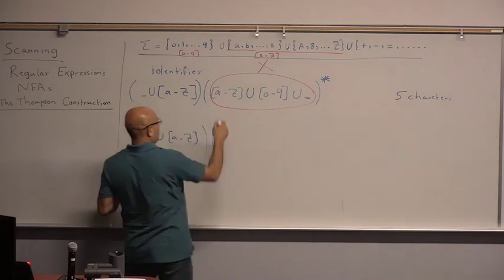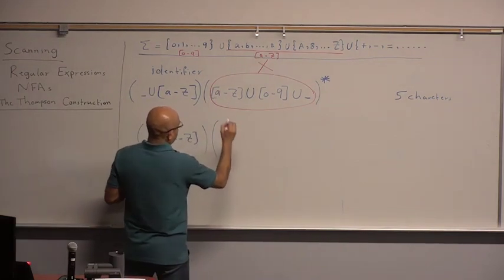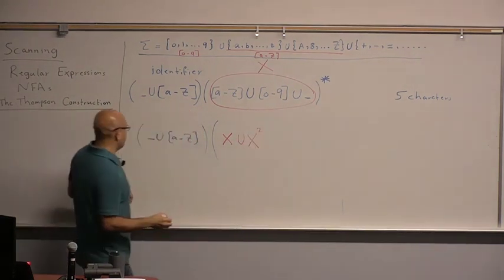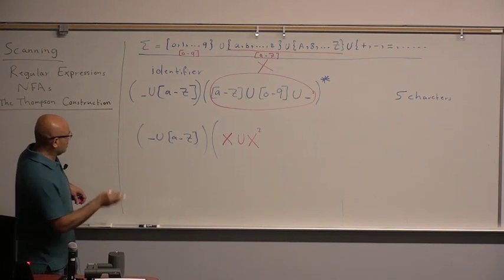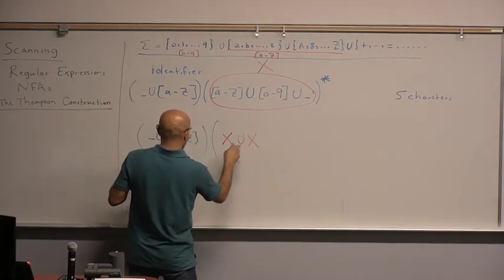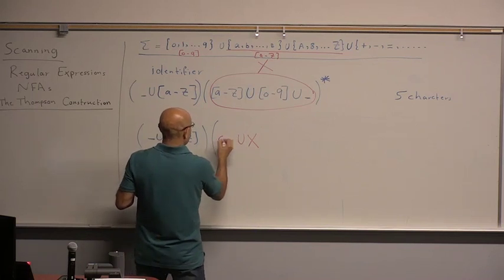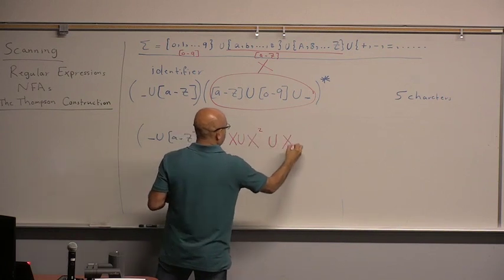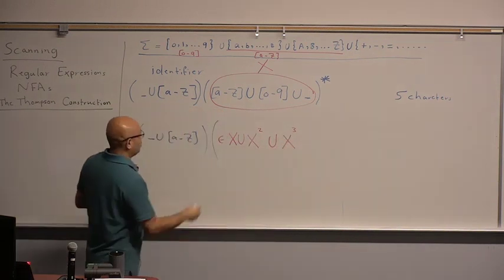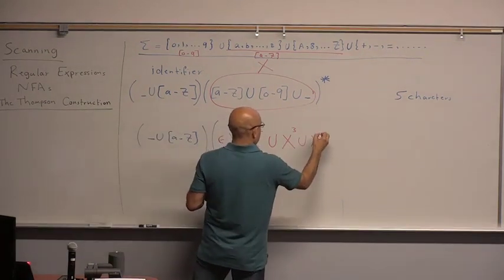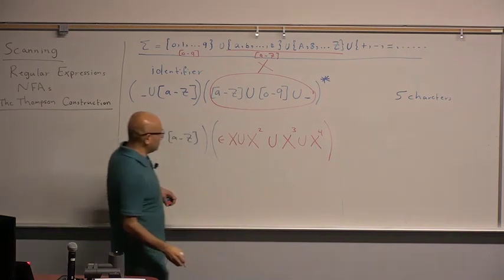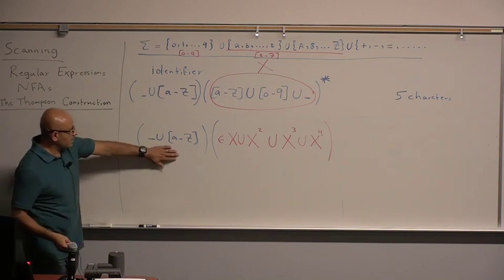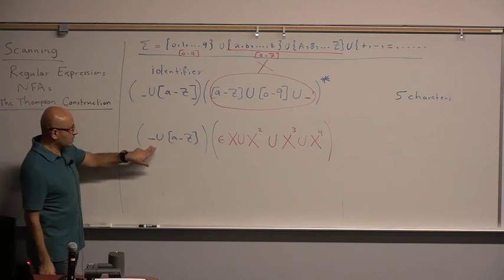If this is X, then we'll have either epsilon, meaning X repeated 0 times, or X repeated once, or twice, or 3 times, or 4 times. So this sets a limit of 5 characters.